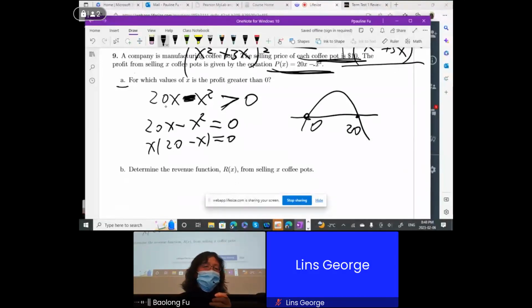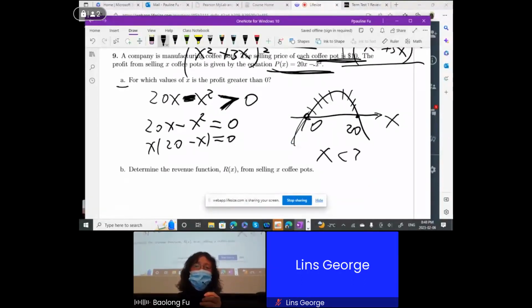The question asks greater than 0. Which part of this graph is greater than 0? This part, right? So the answer is x from 0 to 20. Final answer, if you write interval format, it is (0, 20).